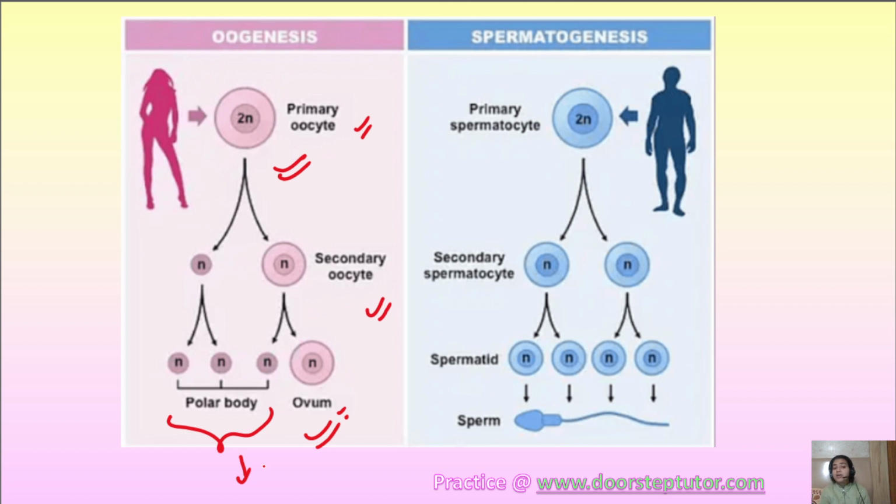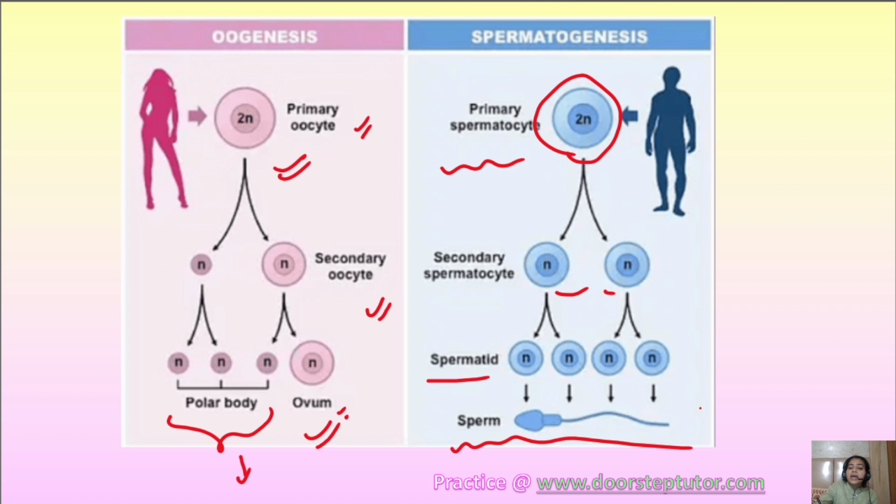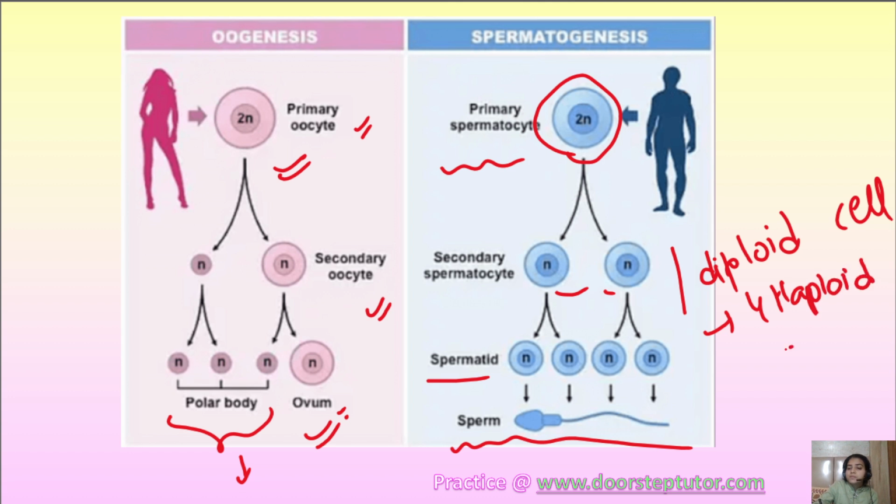After this, in spermatogenesis, we have the primary spermatocyte, which is 2n or diploid in number. After this, secondary spermatocytes are formed, and later on spermatids and functional sperms are produced. From one diploid cell, four haploid sperms are produced. So these are some basic differences between spermatogenesis and oogenesis.